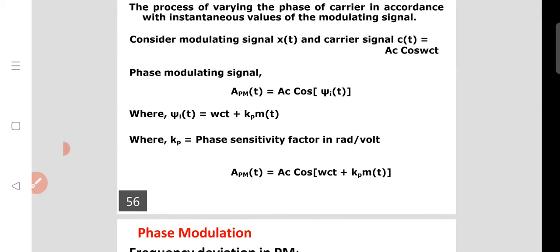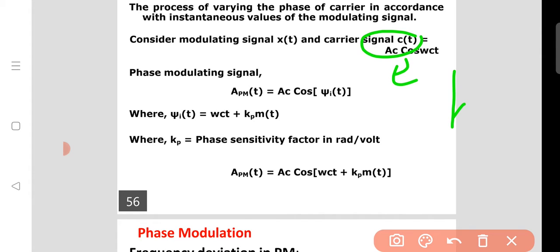We already discussed this in the previous session. Here we considered it as omega ct plus kp m of t.